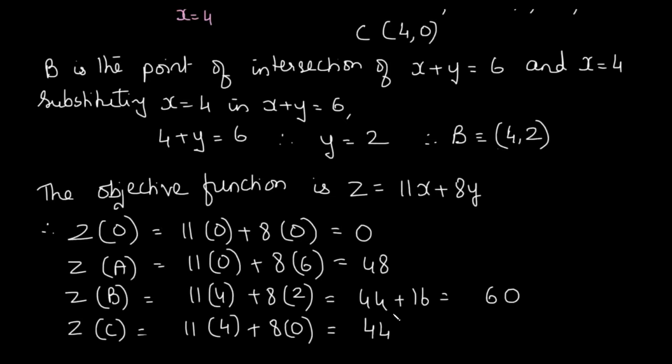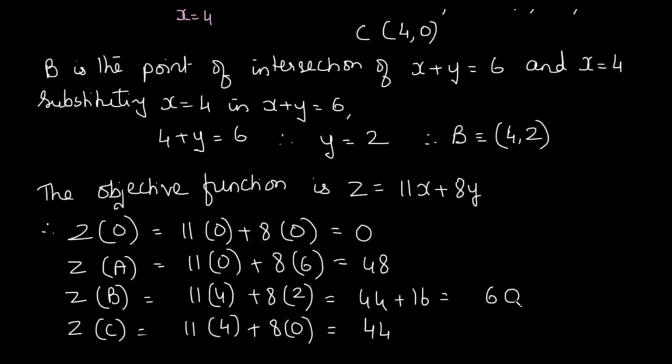Now our question is to maximize the objective function. Maximize means to find the maximum value. So comparing all these 4 values of Z, we find that the maximum value of Z occurs at B, which is 60.